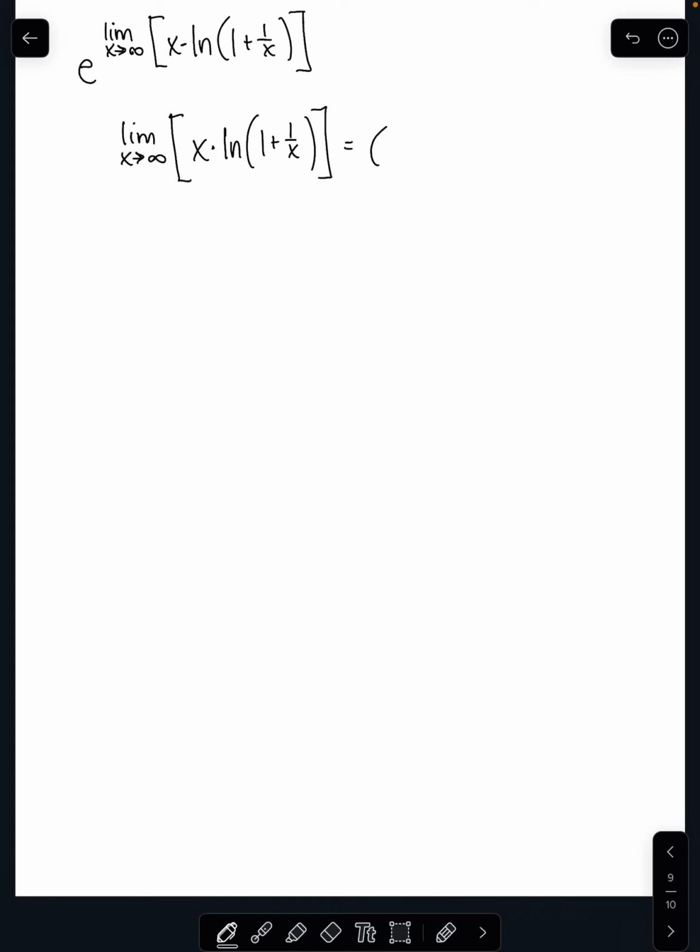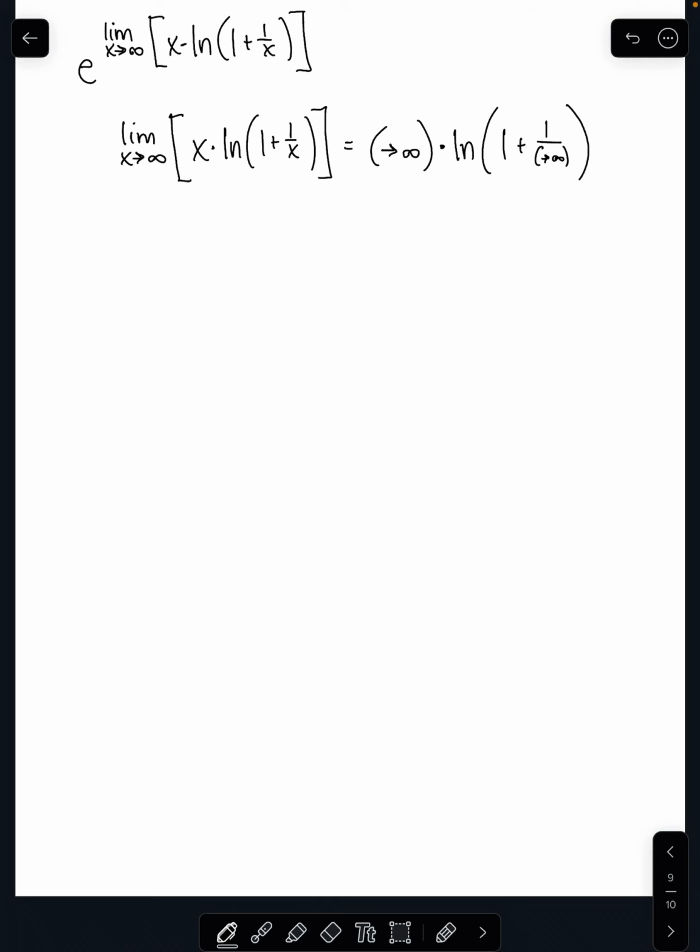This will be the factor of x approaching infinity times the natural logarithm of 1 plus 1 over the denominator, which approaches infinity, which we already said approaches 0.